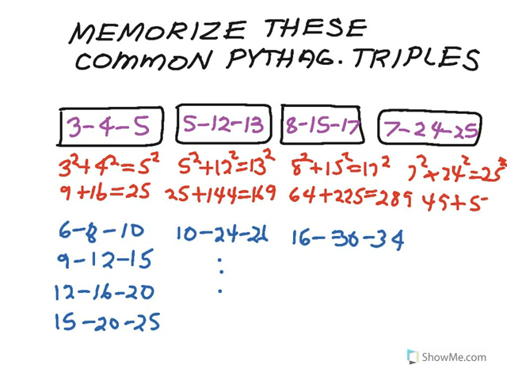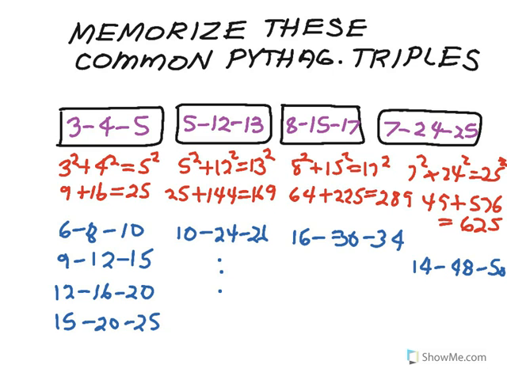And if I add those together, I indeed get 25 squared, which is 625. So again, multiples of 7, 24, 25 would work. So like, for example, a 14, 48, 50 would be a right triangle.